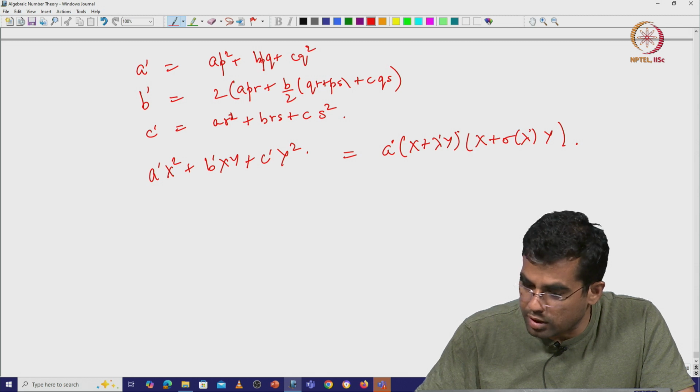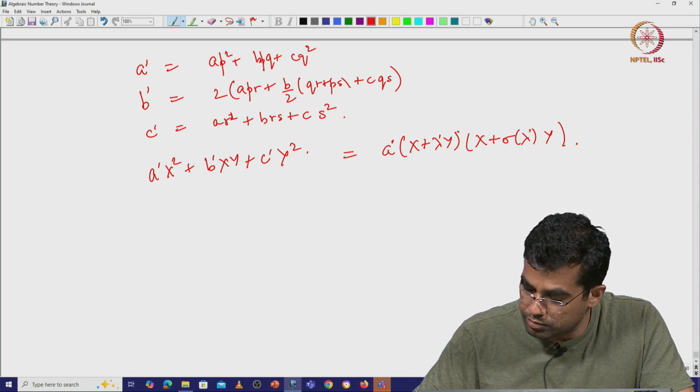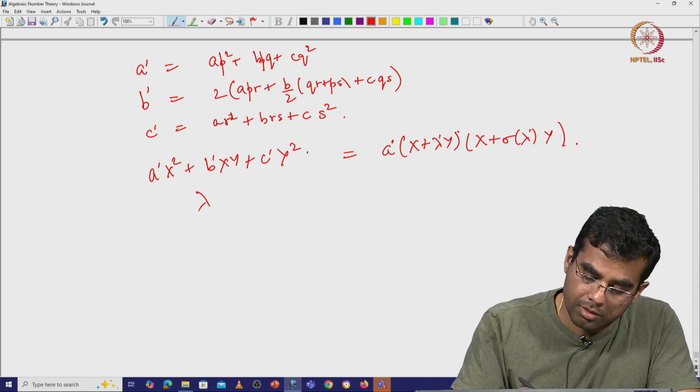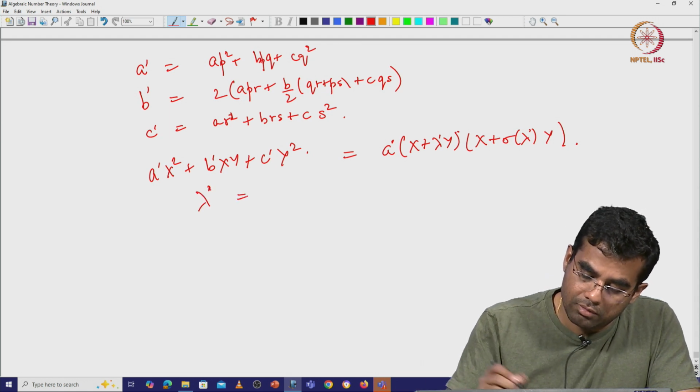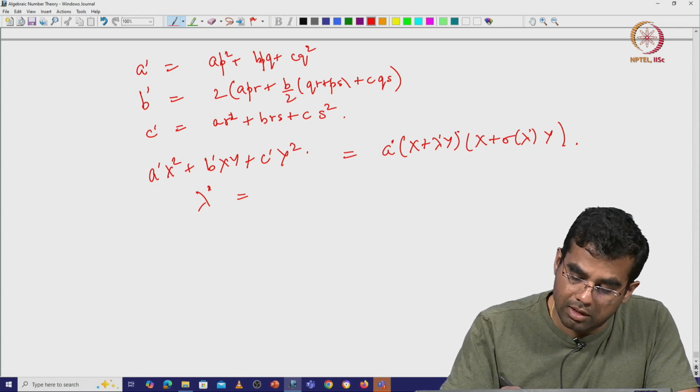Yeah, so this is where I should have calculated lambda prime. Right, so yeah, lambda prime, I think what I had written was right, and then I got rid of it.